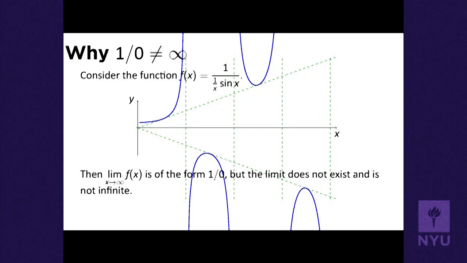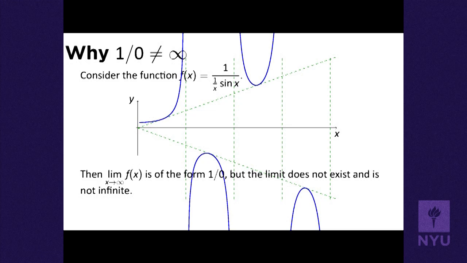Okay. However, it's not necessarily true that if the numerator goes to something non-zero and the denominator goes to 0, then the limit of that function is infinite. The example that I talked about maybe a month ago was this function here, f of x is 1 over x sine x. So another way to write that would be x times cosecant of x. And as x goes to infinity, this denominator here goes to 0 because we've got the 1 over x, right?